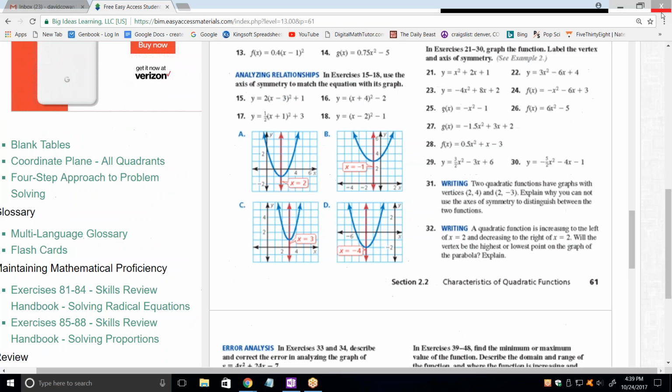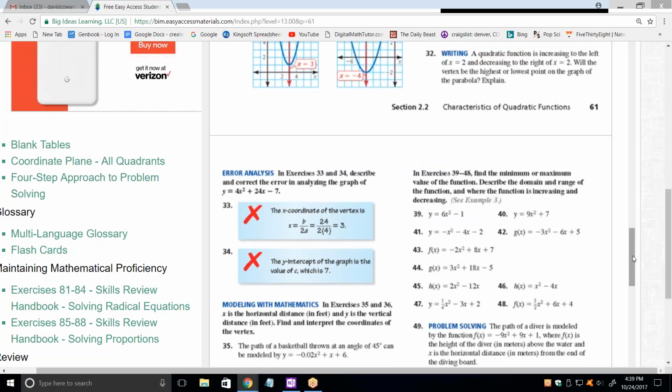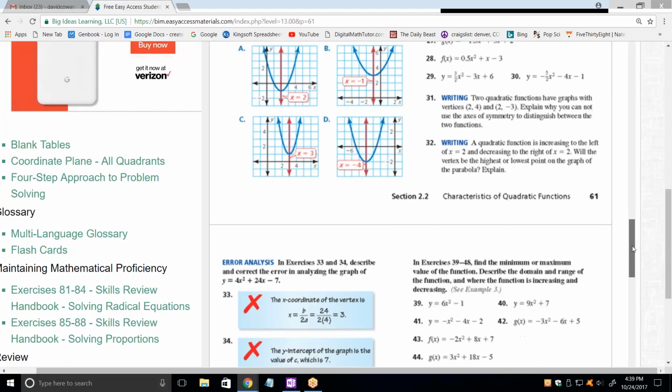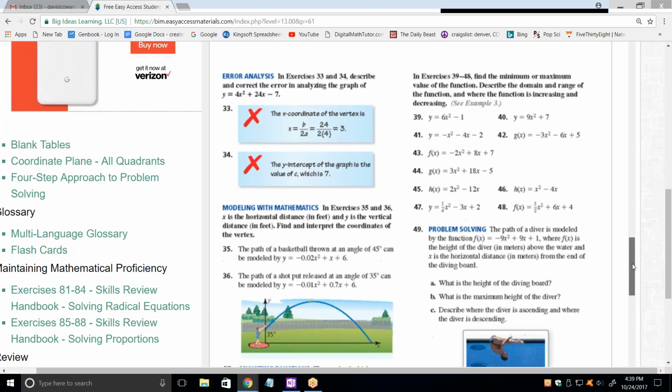All right, what do we have next? So, let's see. It is problem 33. Okay. What's wrong with this solution in 33?